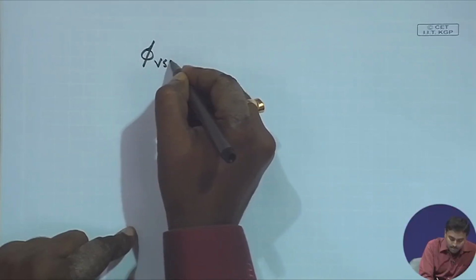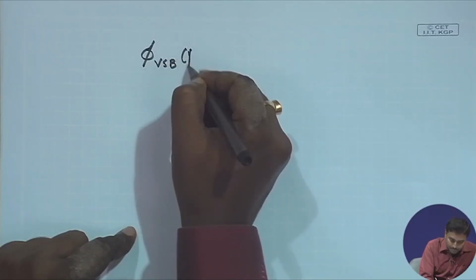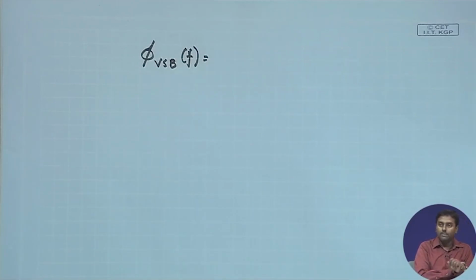So basically what we are trying to do is something like this. Again we will employ the same SSB technique. We will try to appreciate it in the frequency domain and then go back to the time domain characteristics.